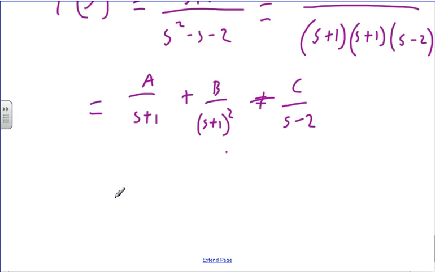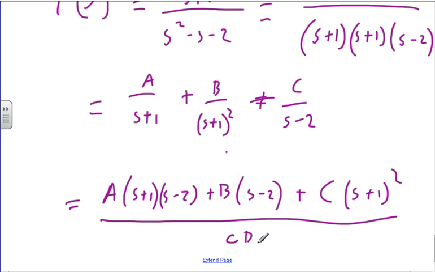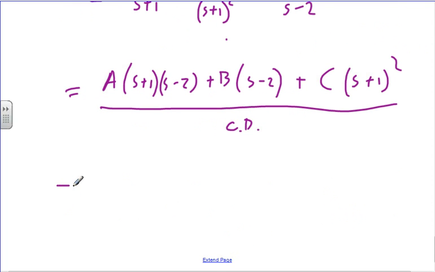All right, and I do the common denominator thing. I get a times s plus 1 times s minus 2, and then I get b times s minus 2, and then I get c times s plus 1 squared over my common denominator, which I'm not going to write down again.